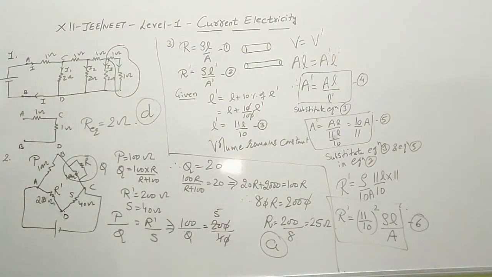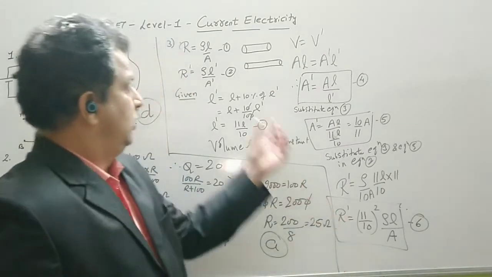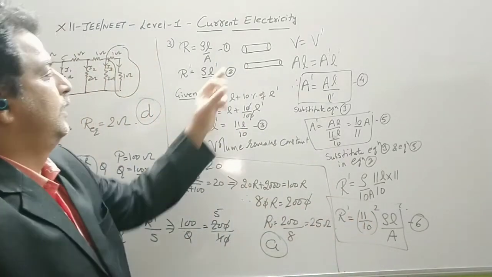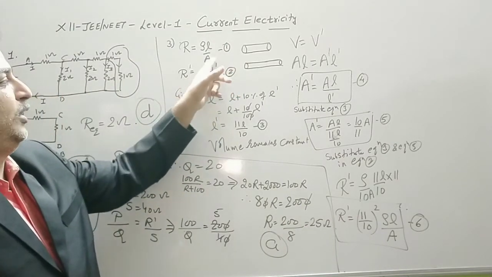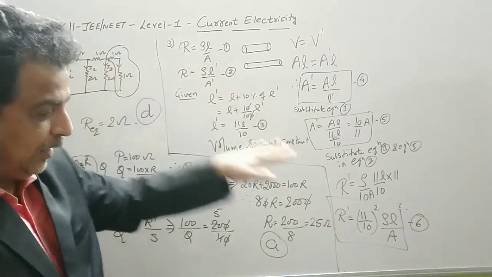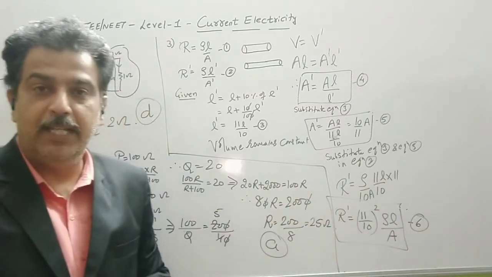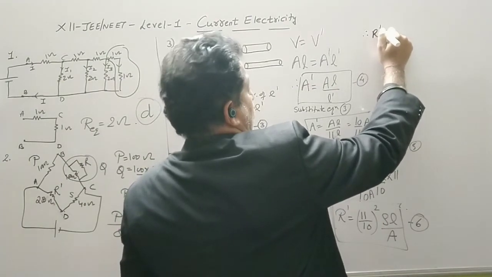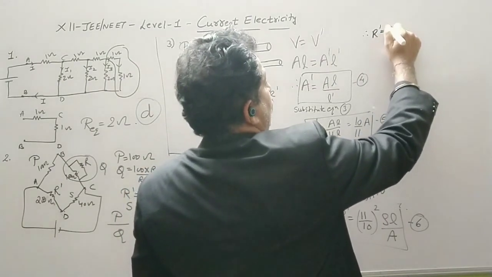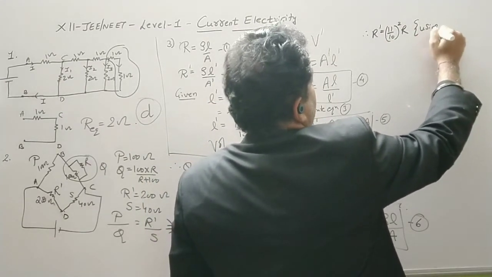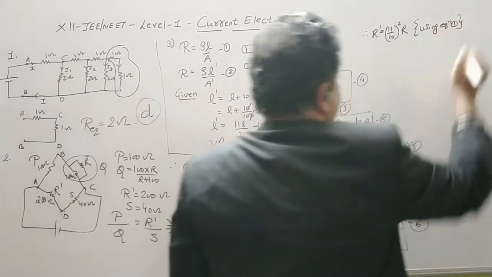Now since we have to find out the percentage change, we have to connect the initial with the final. Clearly, if I compare this equation 6 and 1, rho L upon A can be written as R. So either you take a ratio of final divided by initial, then rho L by A will be cancelled, or I can write R dash is equal to 11 by 10 whole square R. That is using equation number 1.